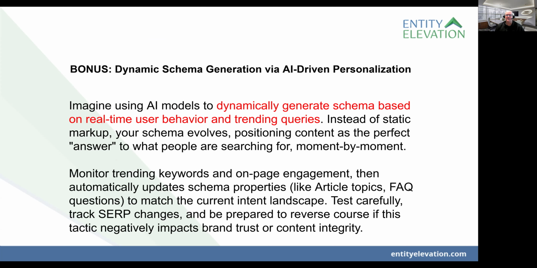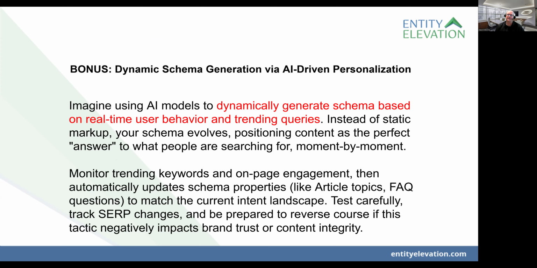So here's a bonus. This is something that I went into fairly deeply at our live event we had back in June up in Canada here, which was awesome. Dynamic schema generation via AI-driven personalization. Imagine using AI models to dynamically generate schema based on real-time user behavior and trending queries. Instead of static markup, your schema evolves, positioning content as the perfect answer to what people are searching for moment by moment.